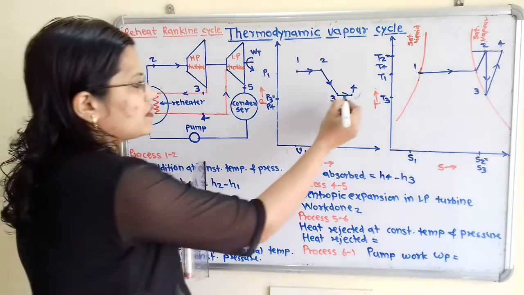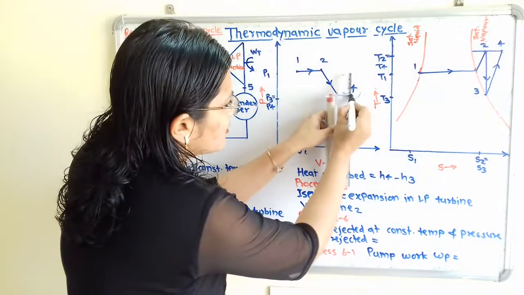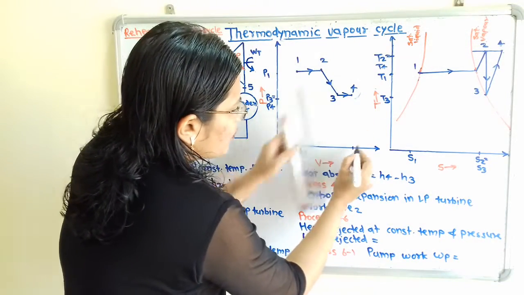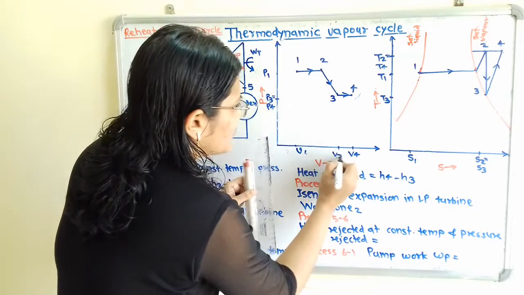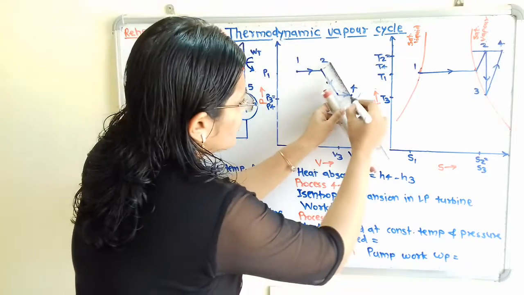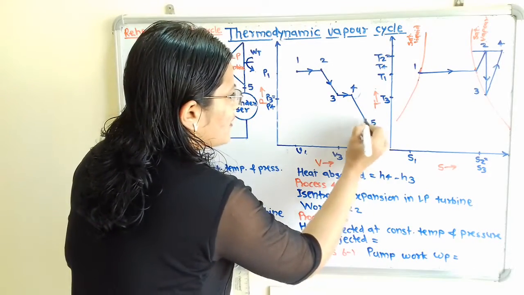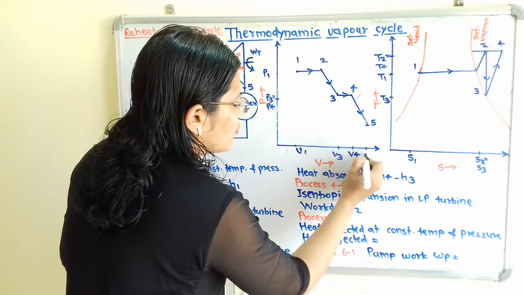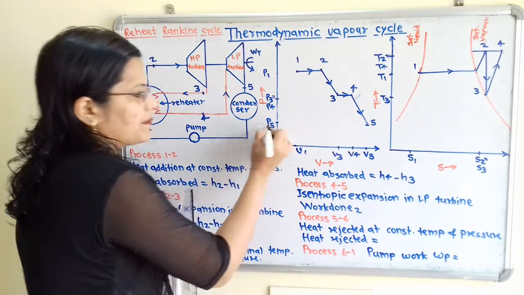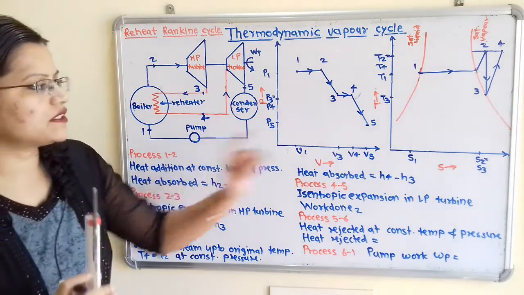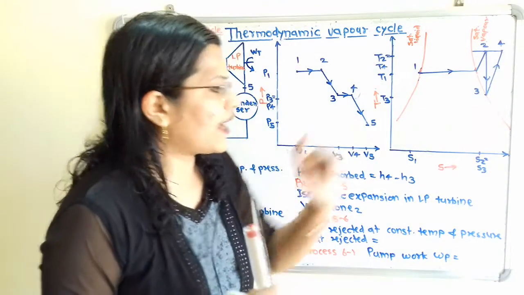Now I will show here decrease in pressure but increase in volume. So first I will indicate here the volume at point 4, that is V4. Then here will be volume at point 3, that is V3. Now I will show inclined line. So here will be point 5. So here is volume V5 and pressure is nothing but P5. So this process is carried out. Now how to show 4 to 5?